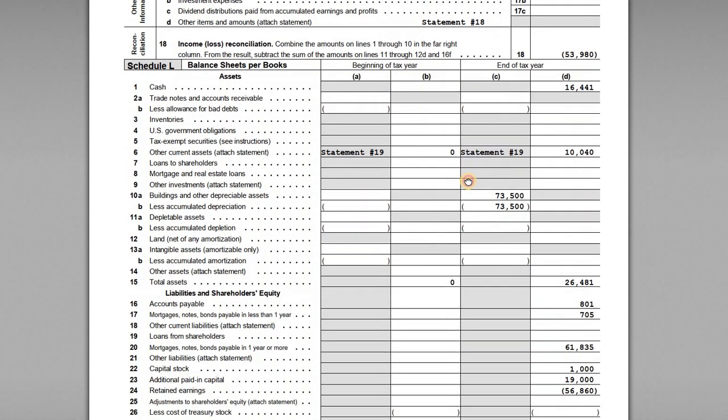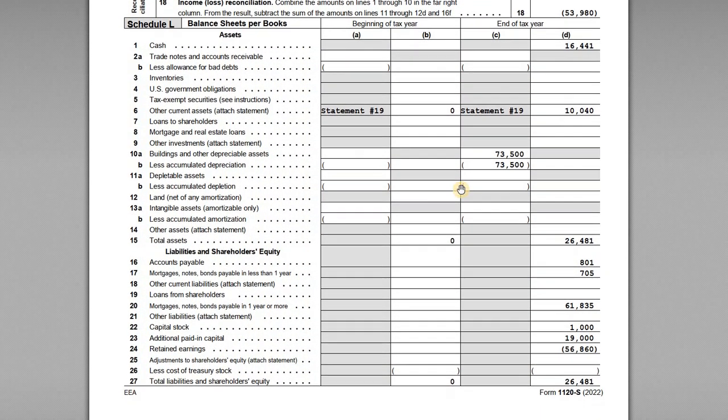So when we look at the balance sheet, it is balance sheet per books, right? So the balance sheet per book should reconcile with your books, right? That's pretty obvious. Now, what's going to be important to remember, and depreciation is a big one. It's probably the most common book-to-tax adjustment that you'll see on the balance sheets.